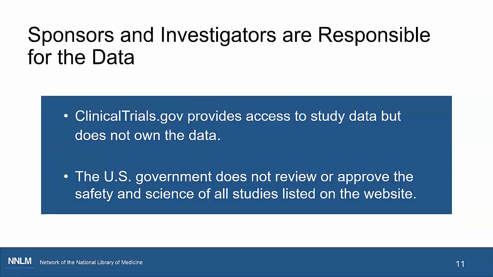The National Institutes of Health and other U.S. agencies only approve the studies that they fund, and the National Library of Medicine only does a limited quality review of the study information that sponsors and investigators submit for inclusion in the database. Neither body does a scientific, legal, or ethical review of all the studies listed on ClinicalTrials.gov. It is the responsibility of the study sponsors and investigators and their institutional review boards to ensure the science is sound and the study is safe.